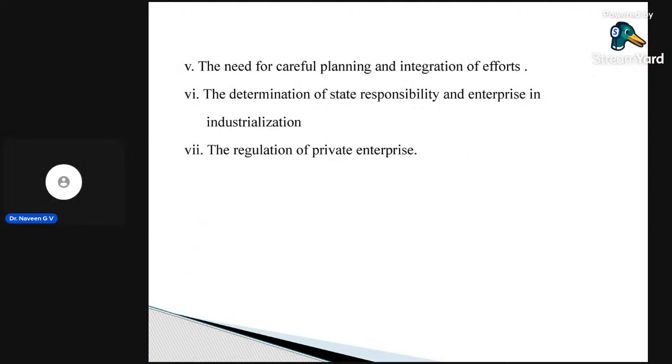The need for careful planning and integration of efforts, the determination of state responsibility and enterprise in industrialization and growing the industries. For the regulation of private enterprises, related to private sector industries, they were preparing a separate act or a set of rules and regulations. That is also there.